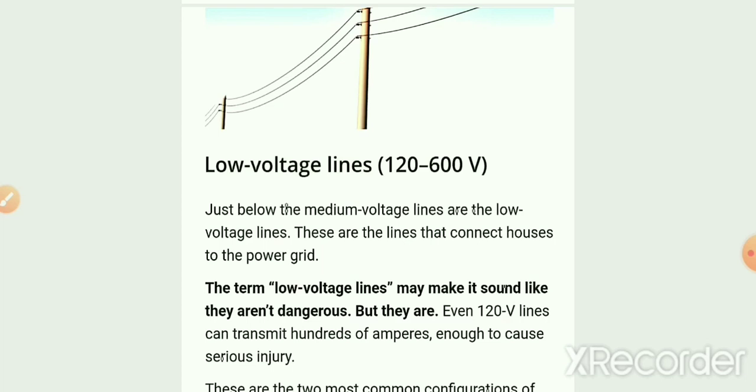The low voltage cable system up to 1 kilovolt is used to connect buildings and carry power over short distances. It is not used on lines several hundred meters long. It is used only for short distance power transmission.